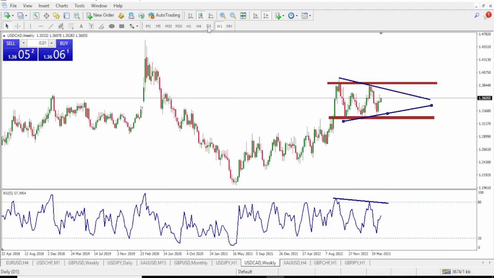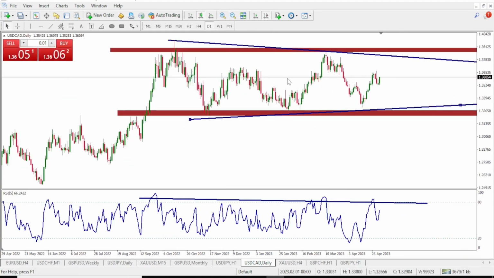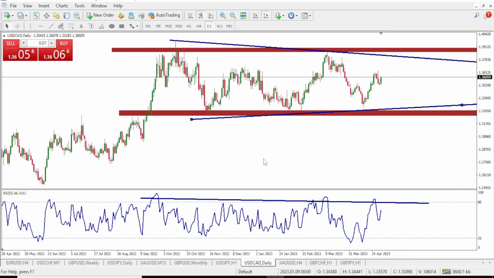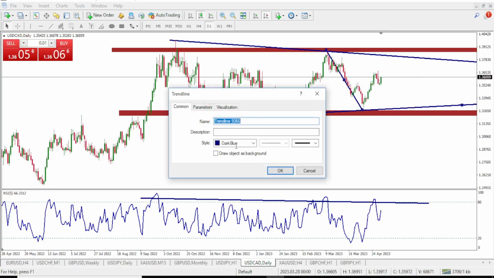Now move to the daily and let's find out what's going on right here. First of all, a clear range, as I have told you. But obviously, inside ranges we also get impulsive waves. Isn't it an impulsive wave? Just have a look at it.